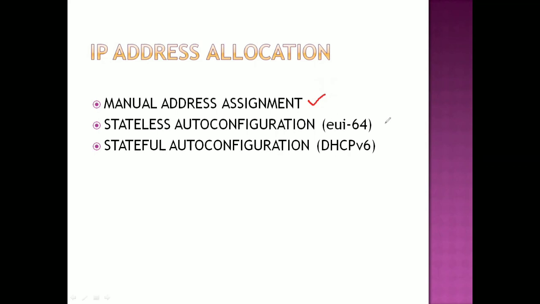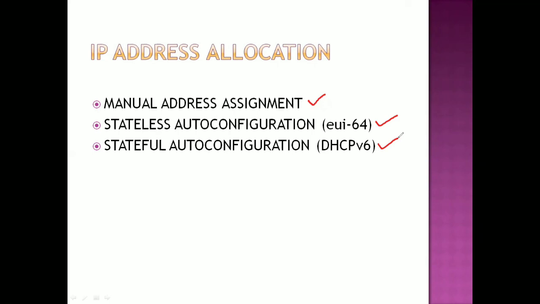The second one is the EUI64 format that I told you, how to create your own IPv6 address using the MAC address of your system. And the third one is DHCPv6, that is using a DHCP server to configure your PC with the IPv6 address by asking the DHCP server to assign some particular IP address to your PC. So that is done by the DHCPv6 server.